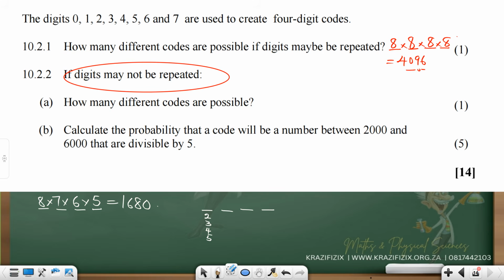Are we okay, everybody? Let me know if that first line makes sense to you, quickly. I don't want to come back. We're dealing with the first part. It must be greater than 2 and less than 6. So my possible options are 2, 3, 4, and 5. Okay. But it must be divisible by what? By 5. For a number to be divisible by 5, the number must end with 0 or 5.